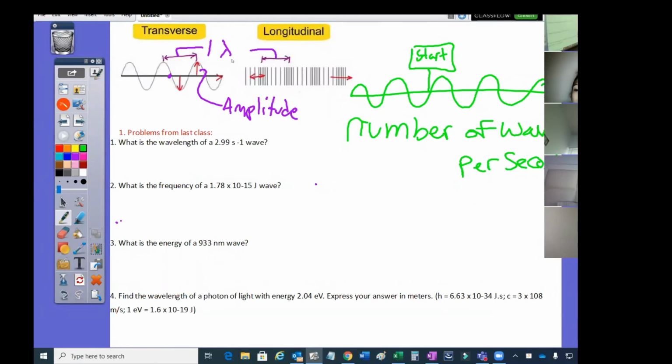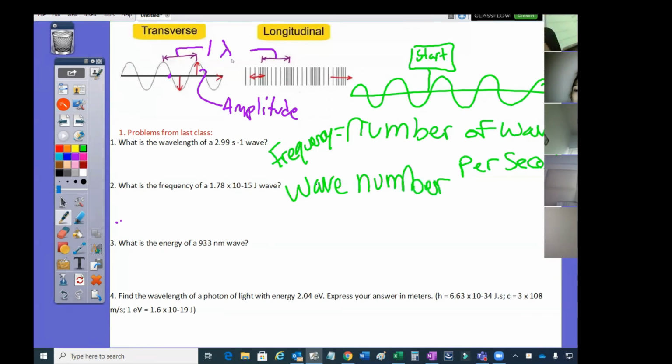But if you're talking about small waves, sound waves, light waves, then that number is typically very large. The number of waves per second is called frequency. Or we can call it wave number.